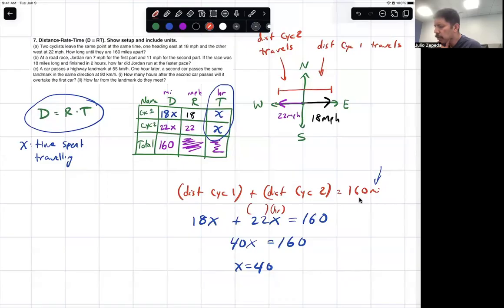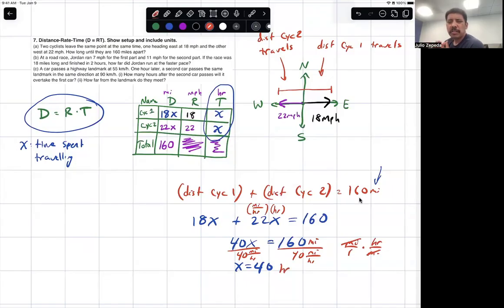This 22 was defined to be in miles per hour. And so when we divided by 40, we really divided by 40 miles per hour. This was in miles. And so when we divided by 40 miles per hour, we're getting miles divided by miles per hour. So that's the same thing as multiplying by hours over miles. And the units of miles cancel, and we get units of hours.